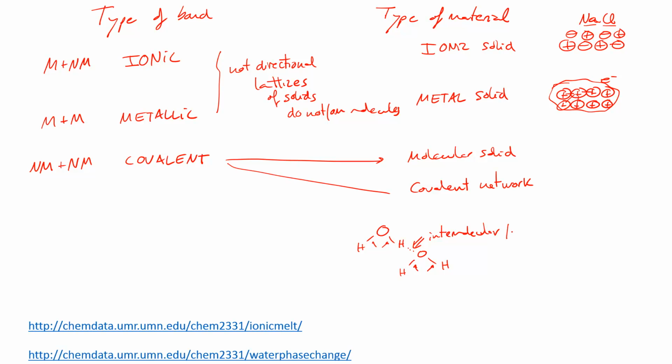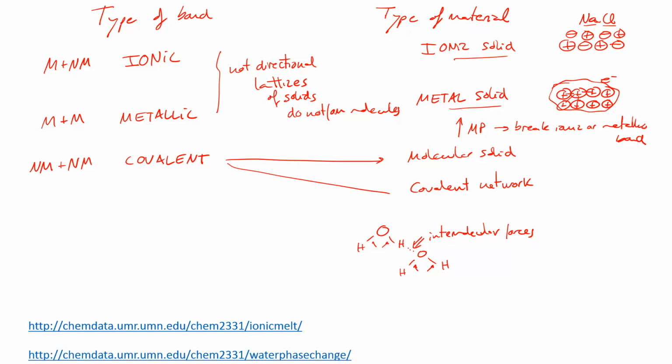Okay, so when you are melting an ionic solid or a metal solid, they have high melting points, because when you're melting, you need to break the ionic or metallic bond, and this takes some energy.